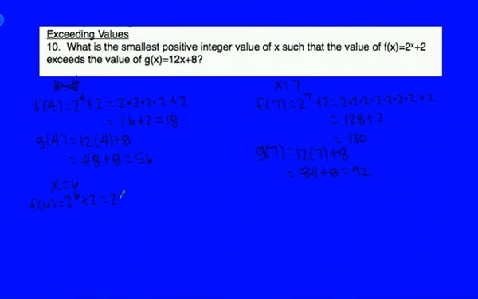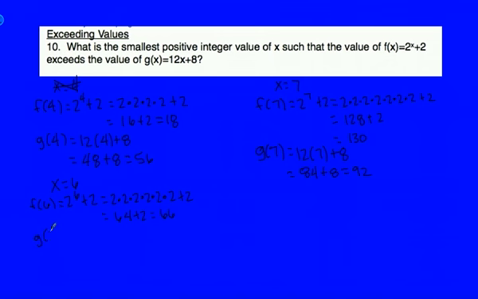Well, 2 to the 6th means 2 times itself 6 times, and then add 2. 2 times 2 is 4. 4 times 2 is 8. 8 times 2 is 16. 16 times 2 is 32. 32 times 2 is 64. So 64 plus 2 gives us 66.